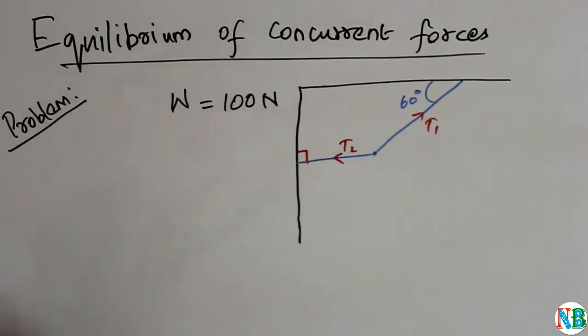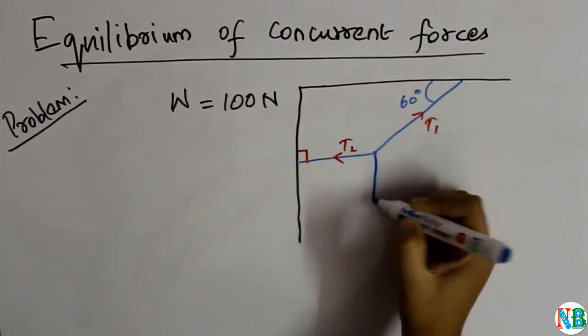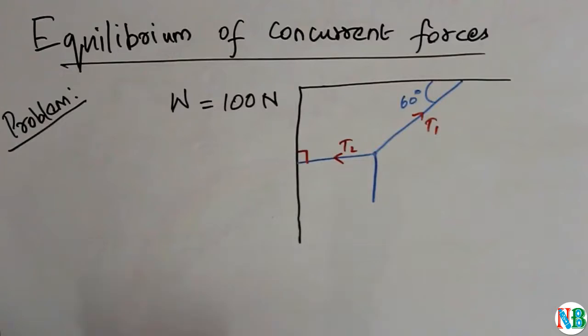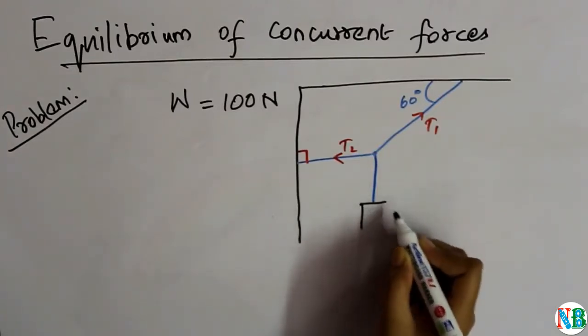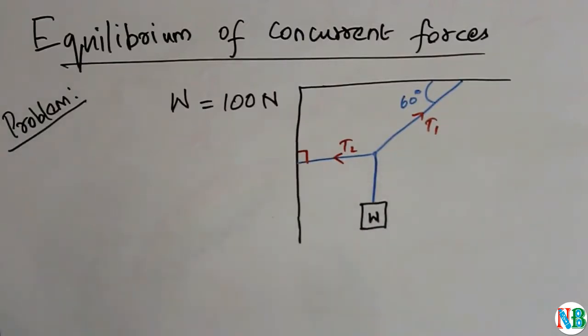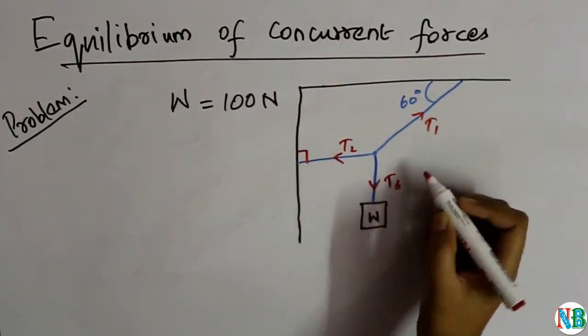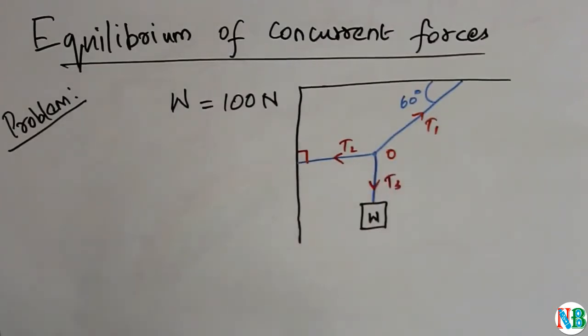Another rope is connected to the block, which has weight 100 Newton, and the tension acting in this rope is T3. This is the information given, and we have drawn the force diagram.